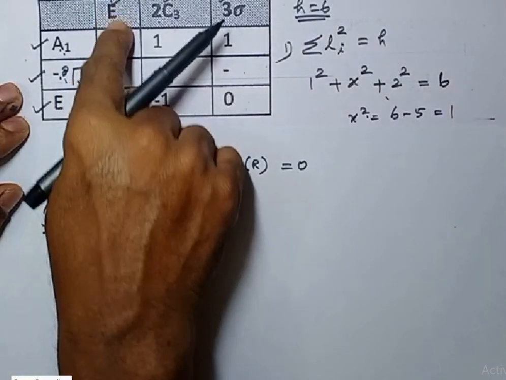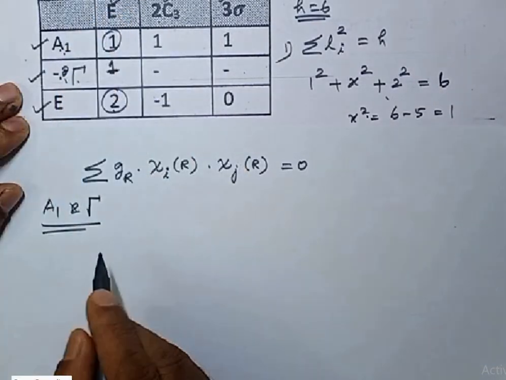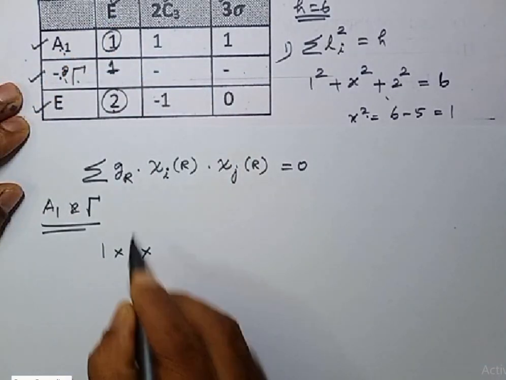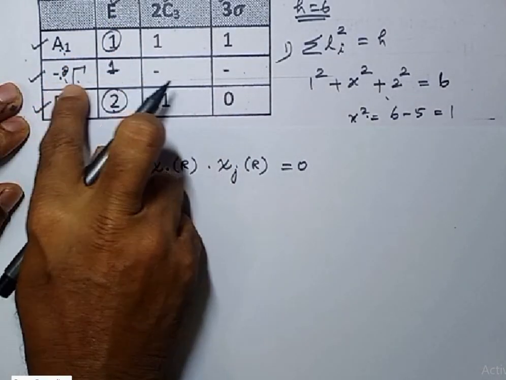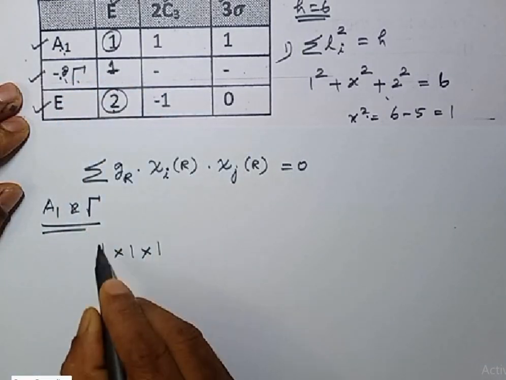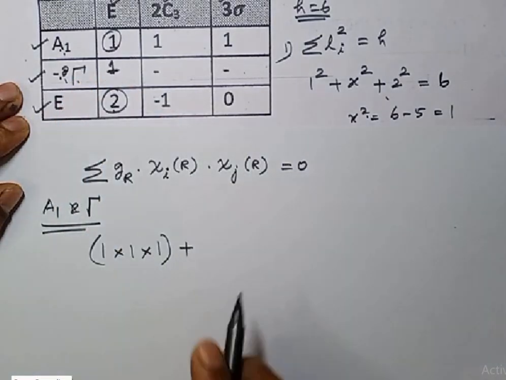Now I'll take class 1. In class 1, I have one identity operation. So 1 times the character for A1, which is 1, and the character for this irreducible representation is also 1 for class 1, plus class 2.